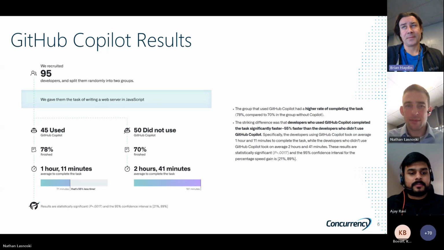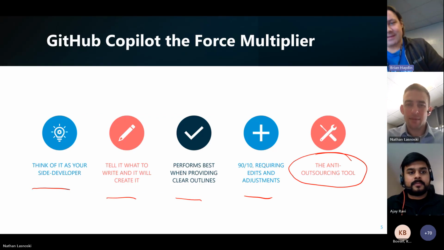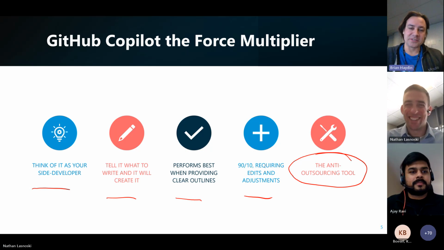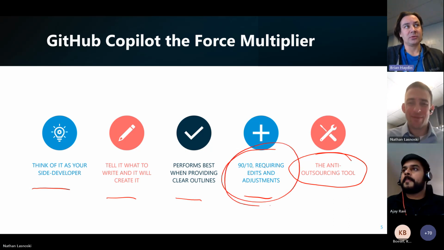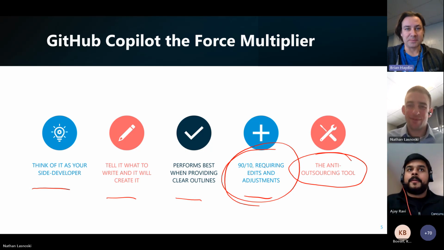On the previous slide, one of the things I wanted to talk about, all right, fine, bring it back here. You kind of skipped a little bit over the 90-10 rule. Yeah, I would say it's not perfect. I wouldn't try to throw some really complex business logic at it and say, write me a method that does these 18 things. But it's really good, and you will have to review it.